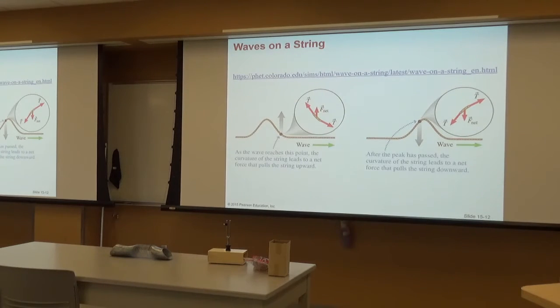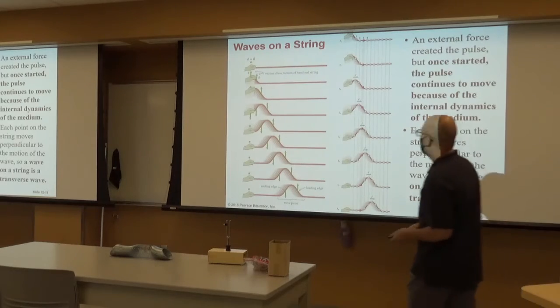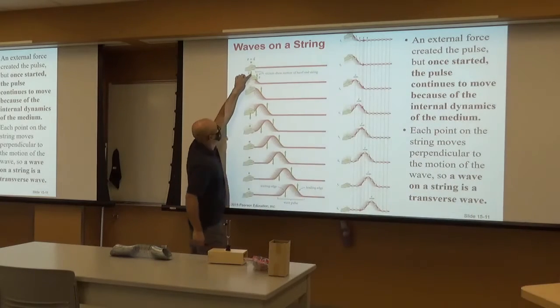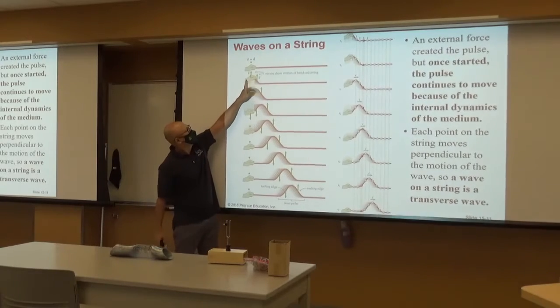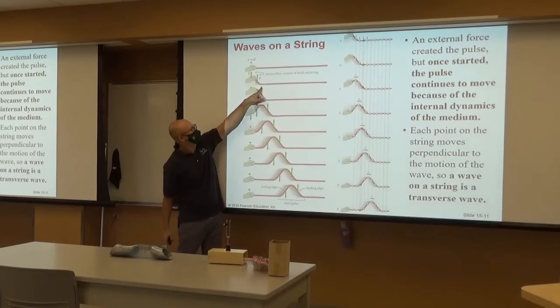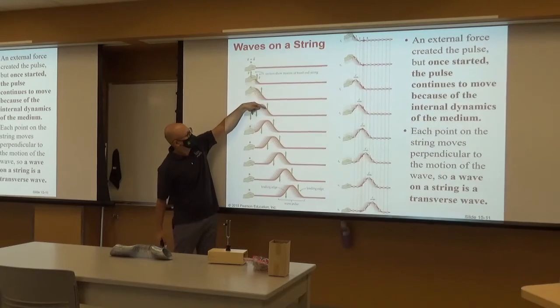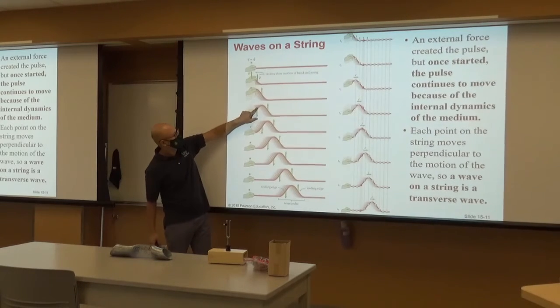So the consequence here is here. So when you're moving it up, okay, you move the string up. Okay. So when you move this up, it pulls this part up. This part pulls this part up. This part pulls the next part up. Next part up. Next part up. And as you pull it down, it pulls the next part down.